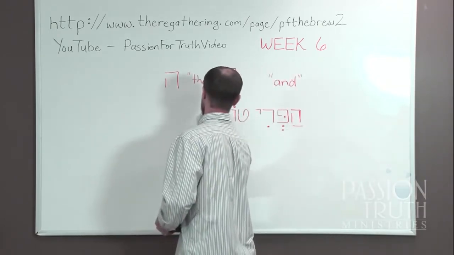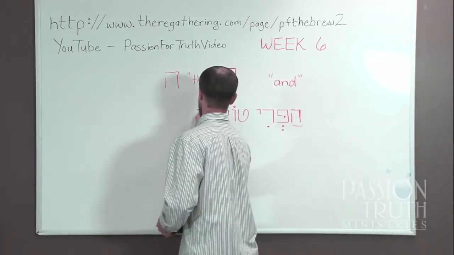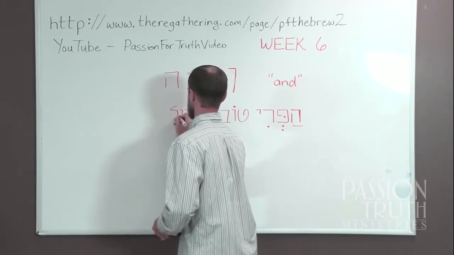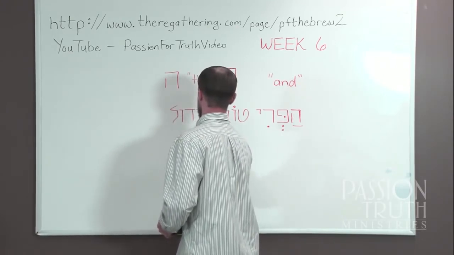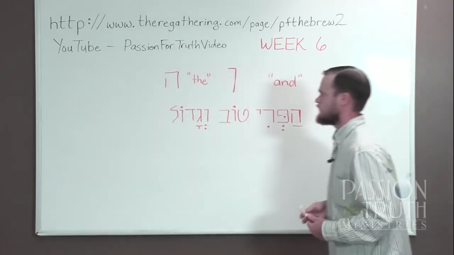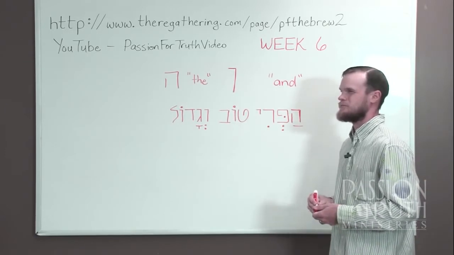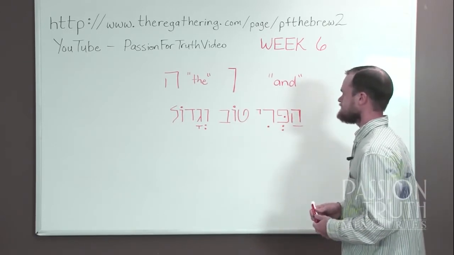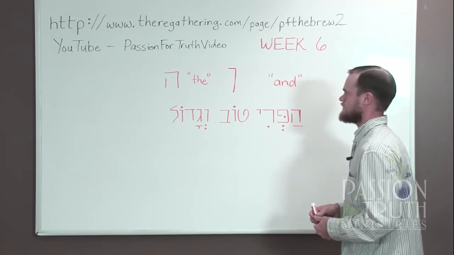But we can say it is good, the gadol. This is kind of a clumsy phrase, though. You won't find this a whole lot, but it can be done. You will find it some, though.